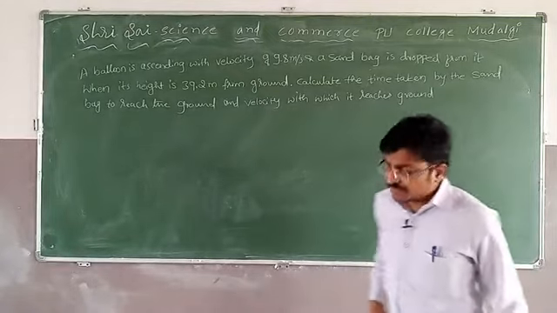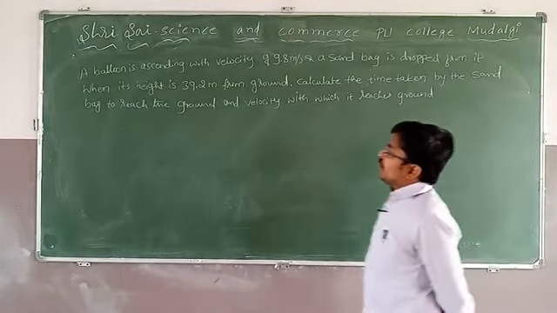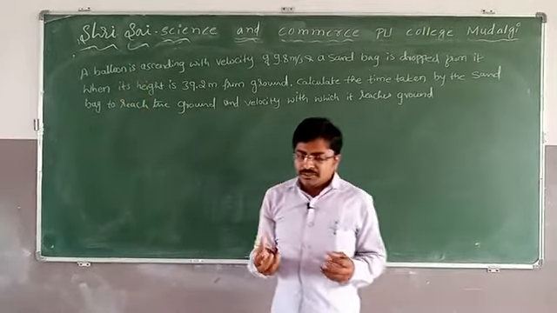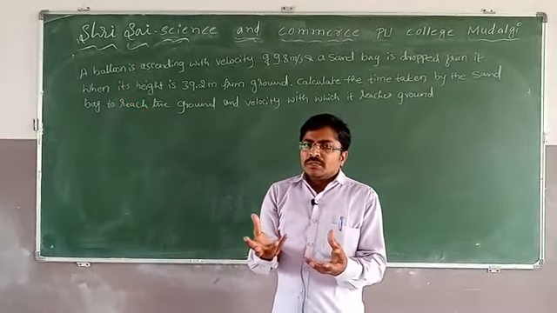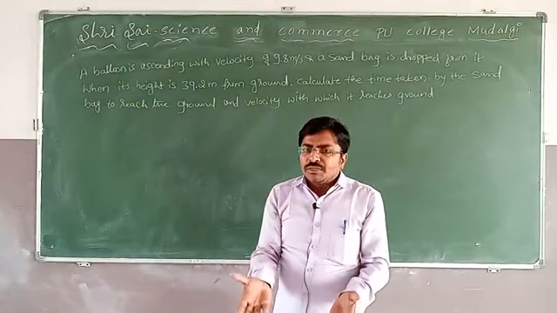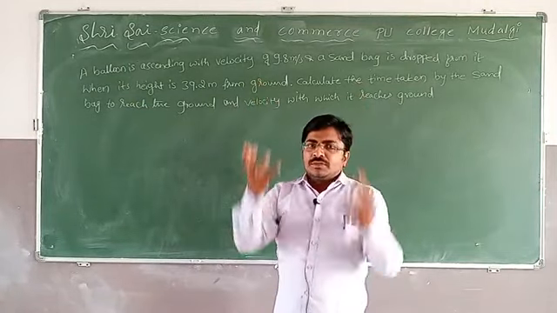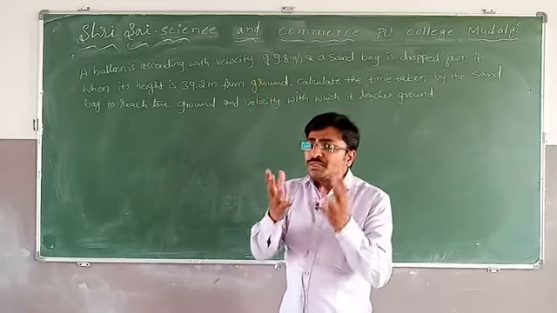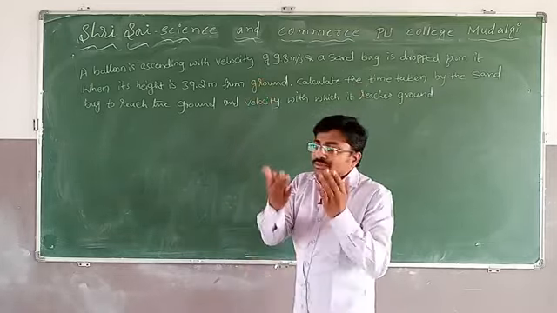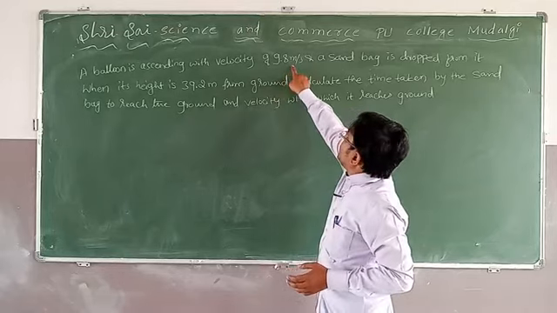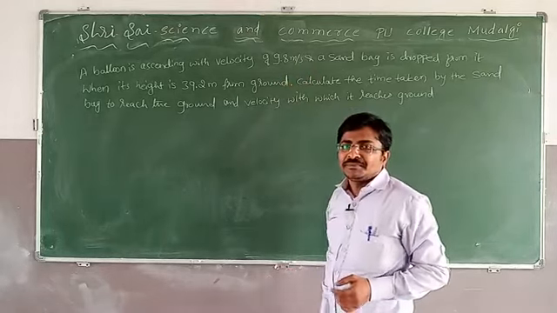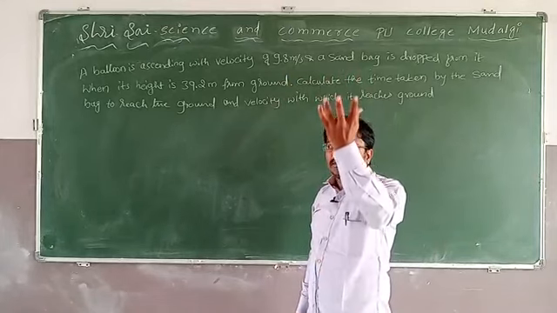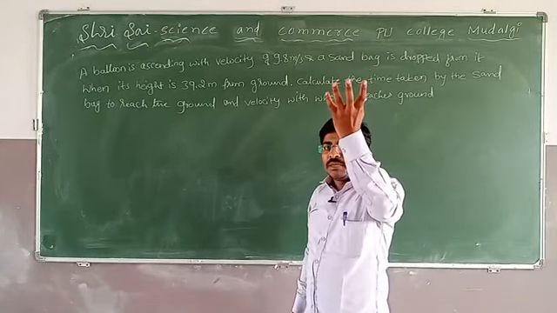See how beautiful this problem is. What they have given: a balloon is ascending. Just imagine a balloon. It is ascending, means it is moving vertically upwards, slowly, as a balloon always moves slowly. How much velocity does it have? Upward velocity of 9.8 meter per second.